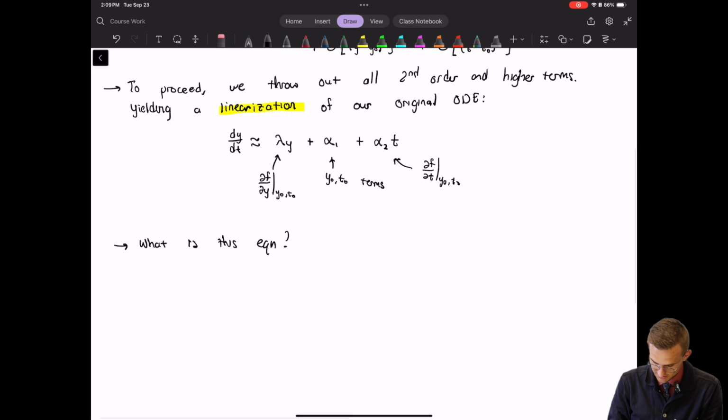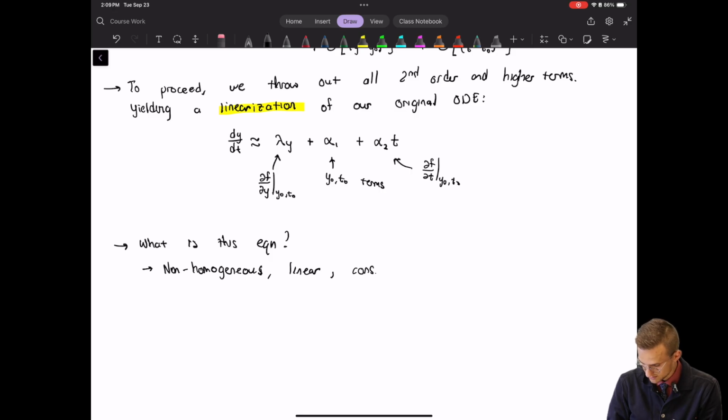Well, we know that it's non-homogeneous. It's first order, obviously. It's linear, and it has constant coefficients. It has a homogeneous solution.